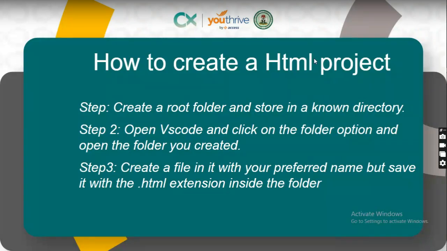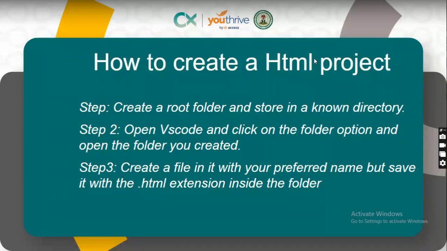The second step you take is to open the VS Code you installed and click on the folder option provided on the VS Code. When you're done with that, trace and open the folder you created from the VS Code.